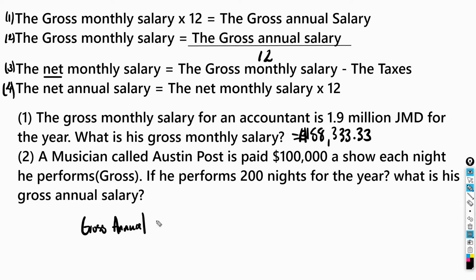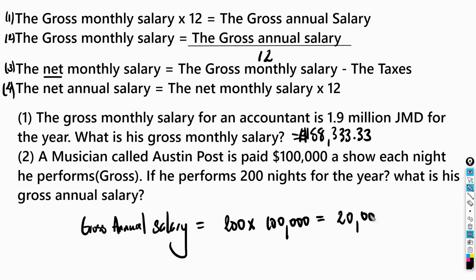His gross annual salary would be the 200 shows multiplied by the $100,000 per show. So he would end up with 20 million USD for the year if he gets $100,000 per show and performs 200 shows for the year. That's a lot of work. Being a musician is hard work, guys.